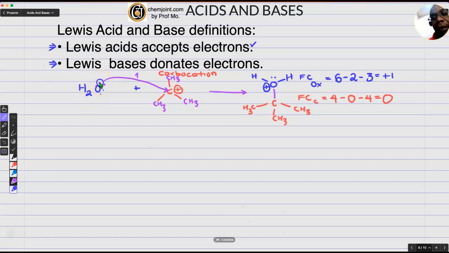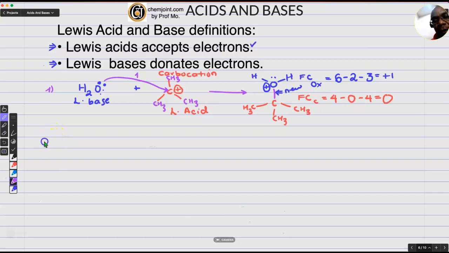So here the water is donating the electrons. Those electrons are actually in the new bond. Because it's donating, we're going to call it a Lewis base. The carbon here is accepting electrons, so we're going to call it a Lewis acid, because Lewis acids are electron pair acceptors. That is the first example.